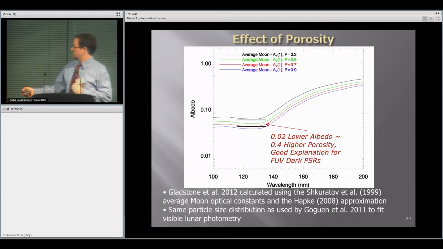And this provides a useful relative comparison. A 0.02 lower albedo at the Lyman alpha wavelength would correspond to a 0.4 higher porosity. And this is the order of magnitude of what we're seeing with our Lyman alpha albedo maps in the permanently shaded regions. So we think that porosity is the better explanation for what we see at the Lyman alpha wavelengths.